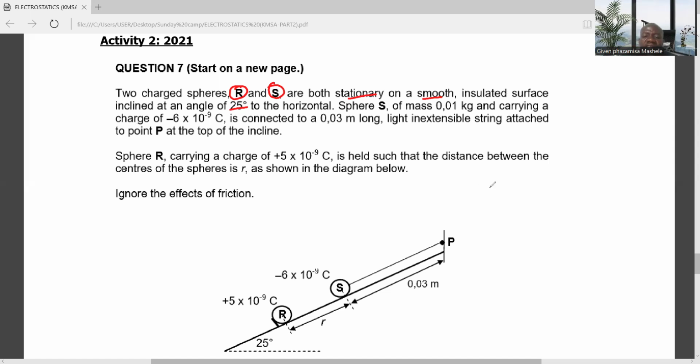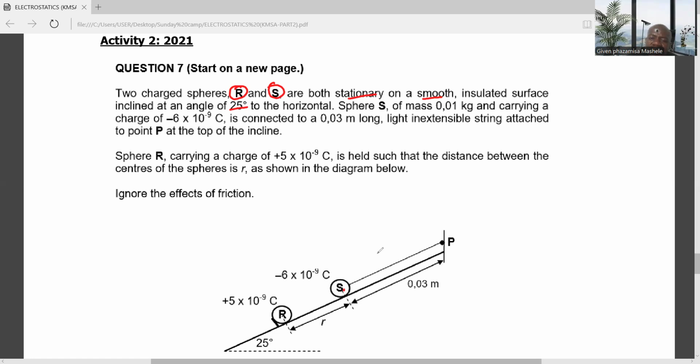So we are told that the mass of sphere S is 0.01 kg and it is carrying a charge of negative 6 times 10 to the power minus 9 coulomb, and is connected by a light inextensible string 0.03 meter long.